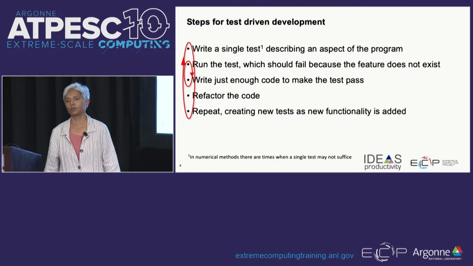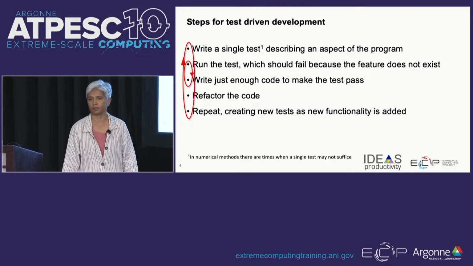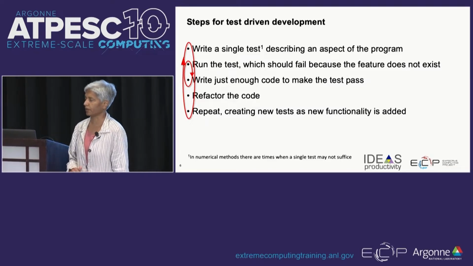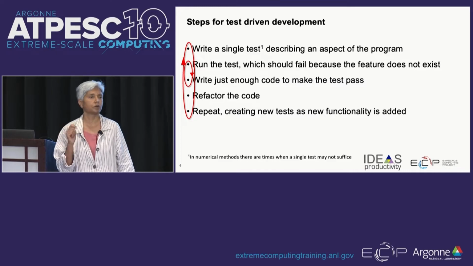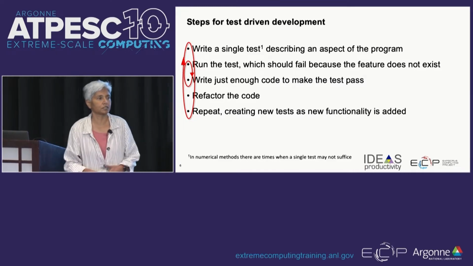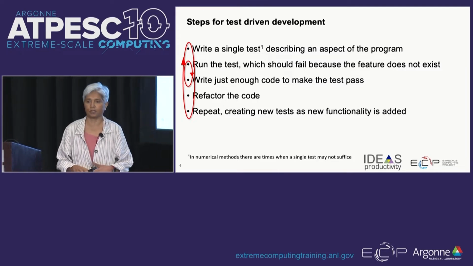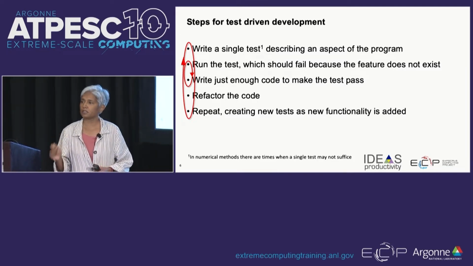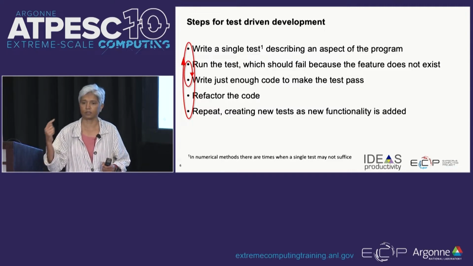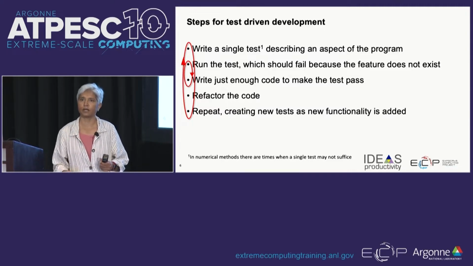So, this is the loop for test driven development: you write one test that describes one aspect of your program, and of course, the first time you run the test it is going to fail because there is nothing that has been implemented, there is no feature yet at all. Then you write just enough code to make that test pass, then you refactor the code and then you repeat, creating new tests as you add new functionality.